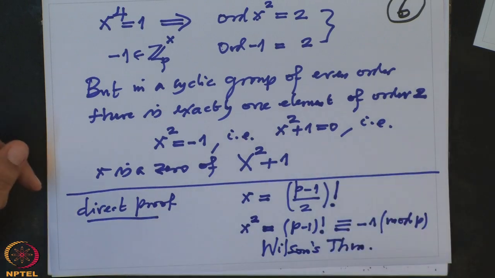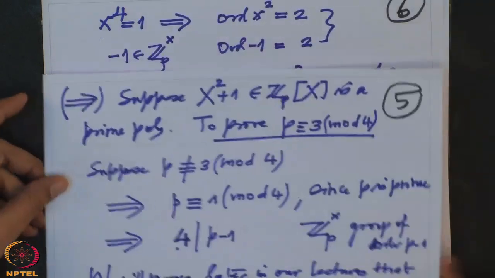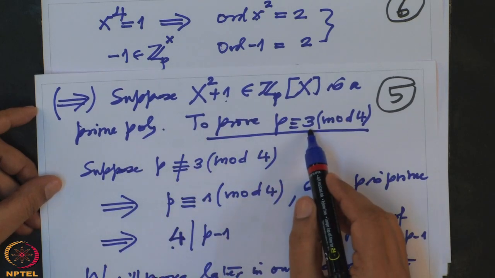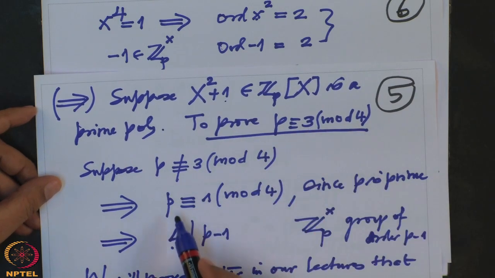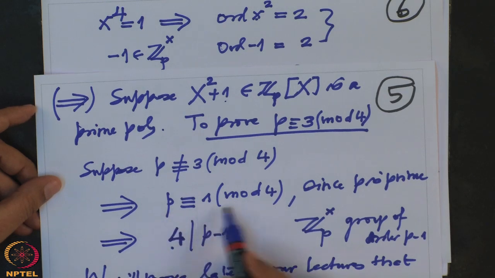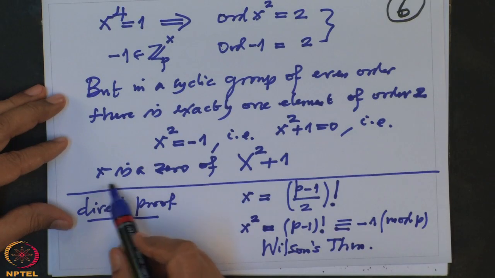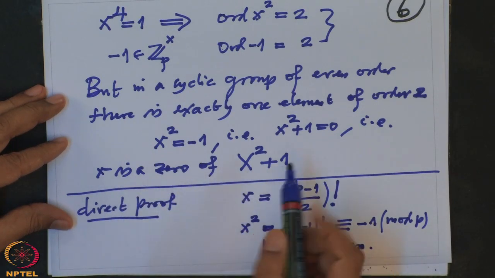So, remember what we wanted to prove. By assuming x square plus 1 is a prime polynomial, we wanted to prove p is congruent to 3 mod 4. By assuming p congruent to 1 mod 4, we got a contradiction because this is a 0 of this polynomial.